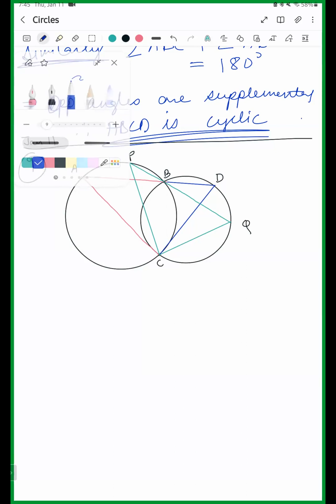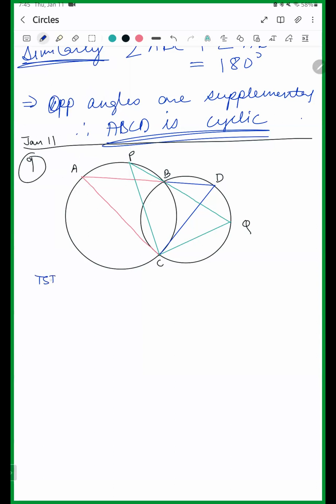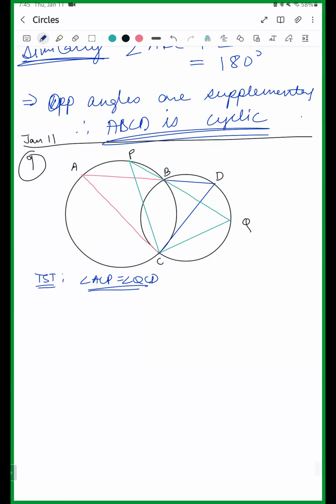We just have to show that angle ACP is equal to angle QCD. That's all we need to show, and nothing else is given in the question. Okay. So here, what all do we have?